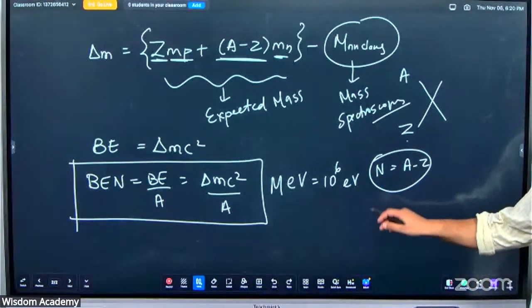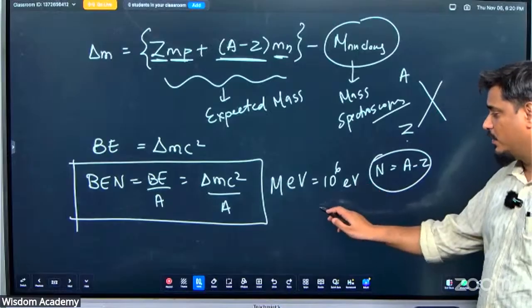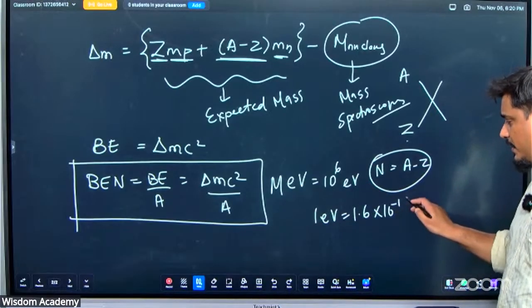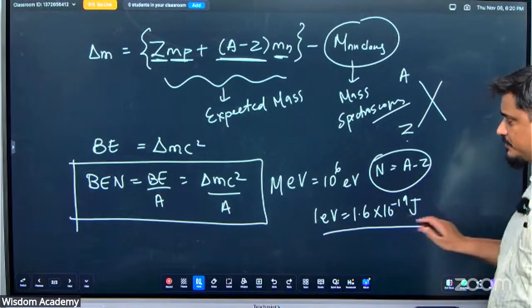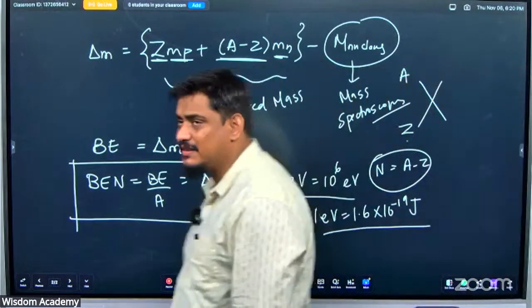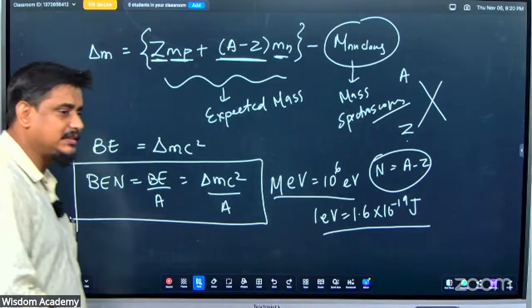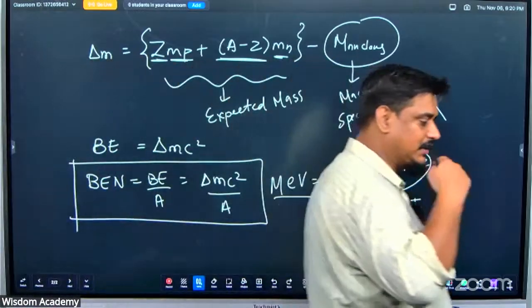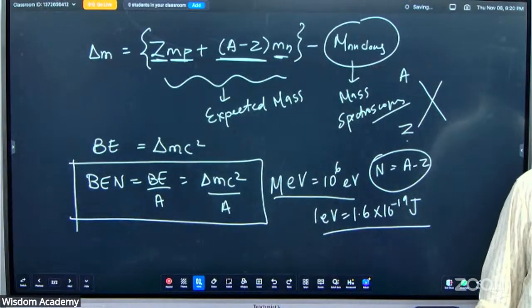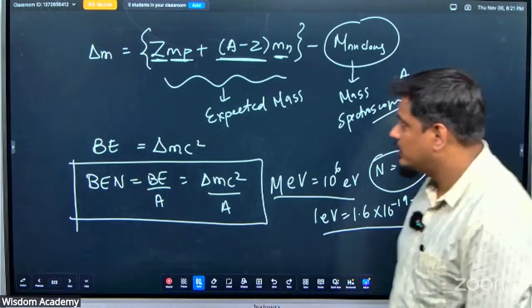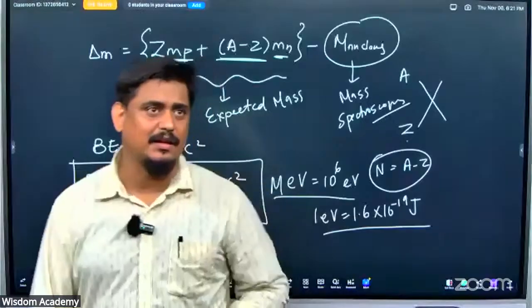And 1 eV is equal to 1.6 times 10 to the power minus 19 joules. So remember these conversions, because in this chapter we are going to often use them. The energy will be in electron volts and we will convert it into joules whenever needed. This is what I talked about in the previous class.